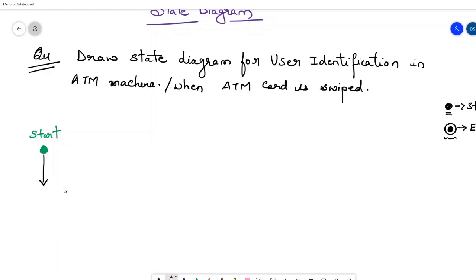Okay. Now we have a state. State, we know how to draw this with a rectangle with curved corners. So what is the event now? Event is card swipe. Okay. Start, card swipe. Now waiting for pin.